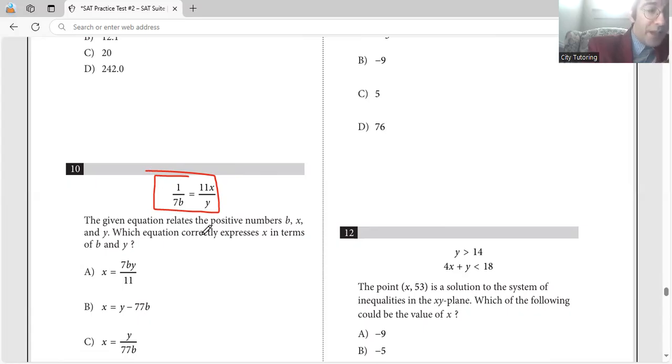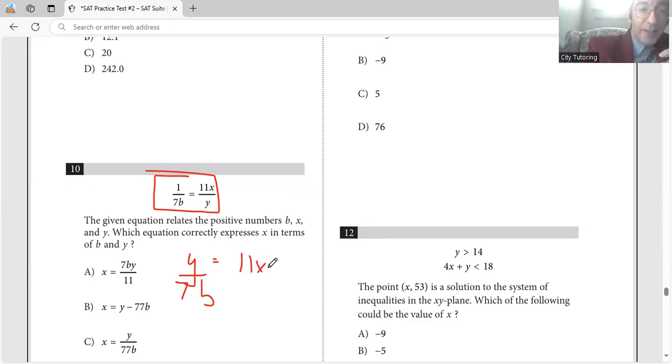So that's 1 times y. If you cross multiply, you get 1 times y, which is just y, and then you get 11x. So that's going to be 11x over y. You could do 1 over 7b, and then y equals 11x.